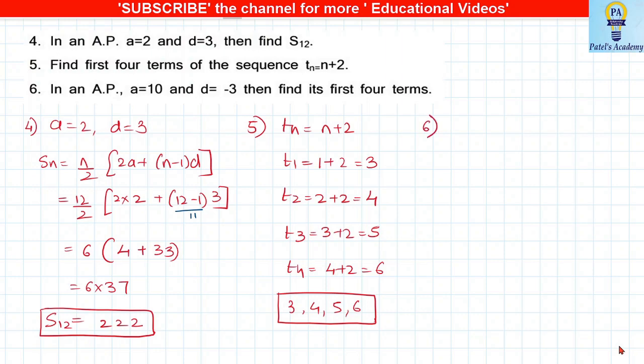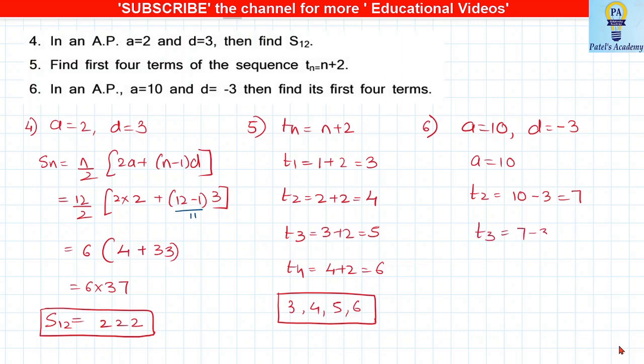Next, in an AP, a is given as 10, d is minus 3. Then you have to find out the first four terms. Okay, similar sum we have. a is 10, d is minus 3. So we want to find out the first four, out of which the first term is 10. So the second term is 10 plus difference. Here the difference is minus 3, so that is 7.